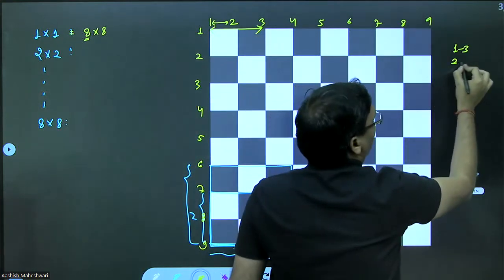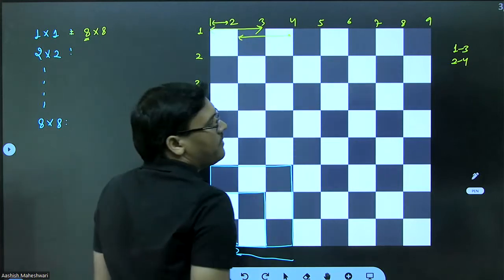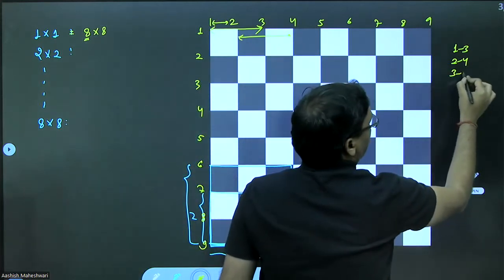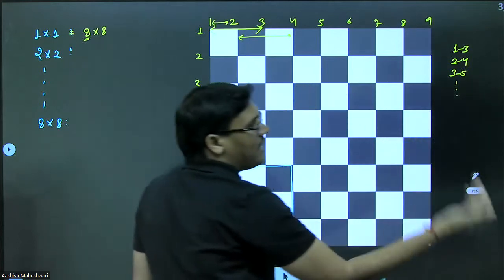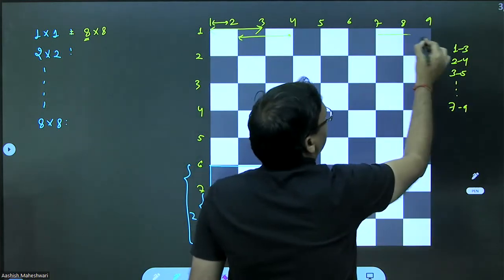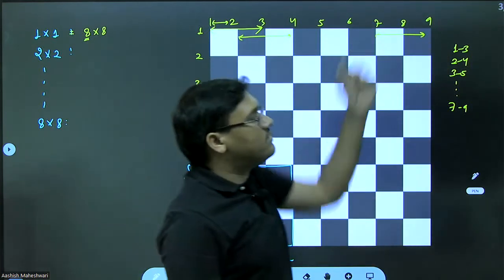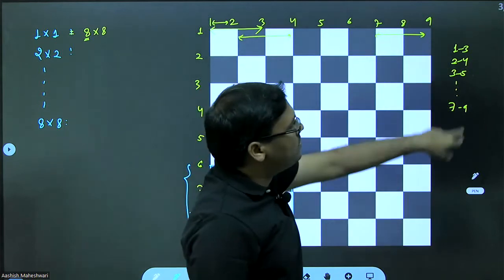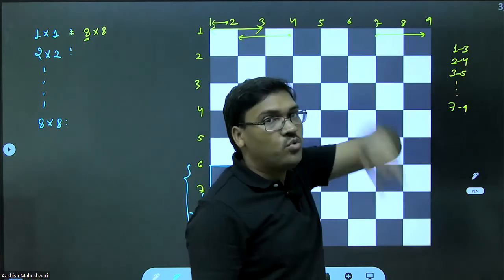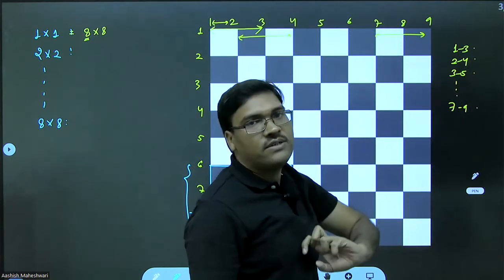Similarly, I can have 2, 4. This is another gap. So on. Similarly, 3, 5, and so on. What can be the last possible combination I have? 7, 9. I can select 7 and 9 so that the distance between them, the side length, will be 2 units. So how many such combinations do we have? 1, 2, 3, and so on, 7 ways.